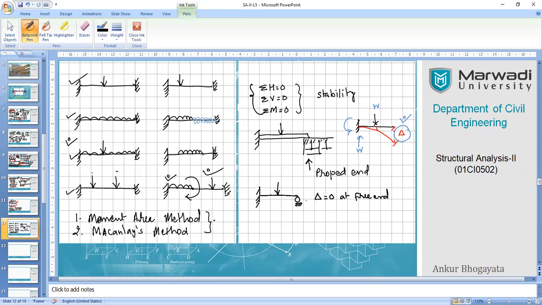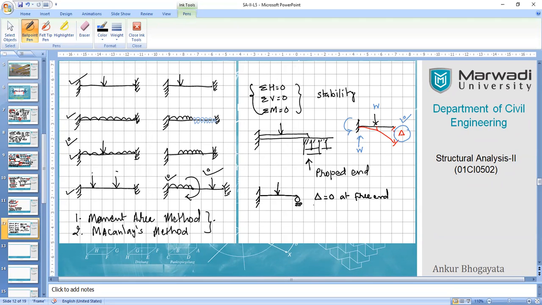Compatibility means that at every joint, your structure should show the basic requirement in terms of deformations. That means the deformation requirement should be matching. So what is the deformation requirement for this joint here? It is nothing but that the deflection should be 0. That is the requirement of this joint.